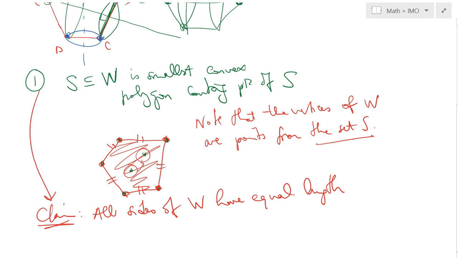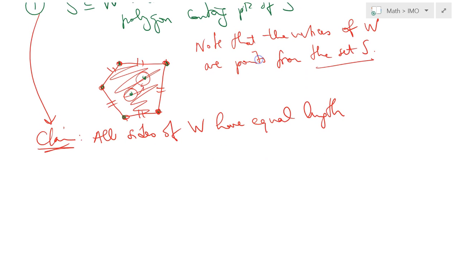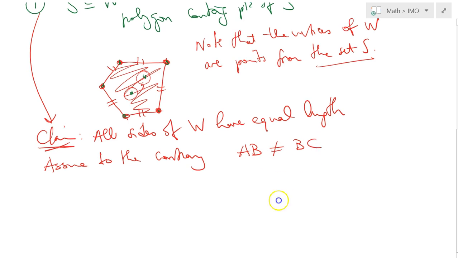And for that, we can simply consider two adjacent sides for the proof. So let's assume to the contrary that we have two adjacent sides, namely AB and say BC, which have different lengths. AB not equal to BC.